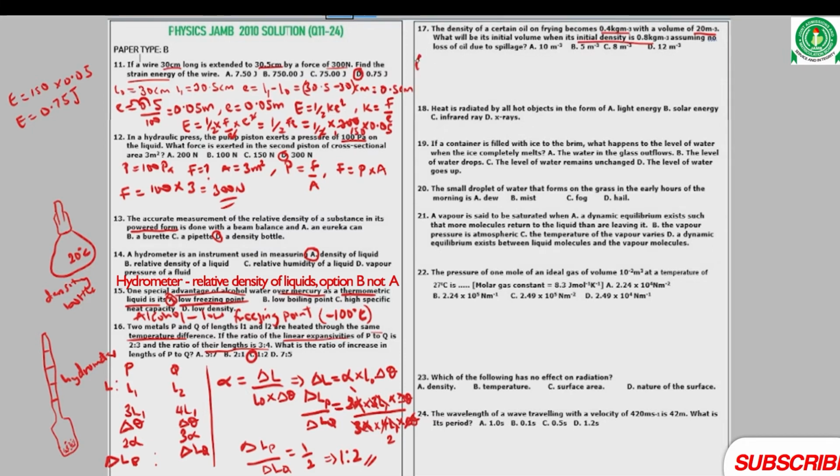Now the density rho while frying is equal to 0.4 kilogram per meter cube.